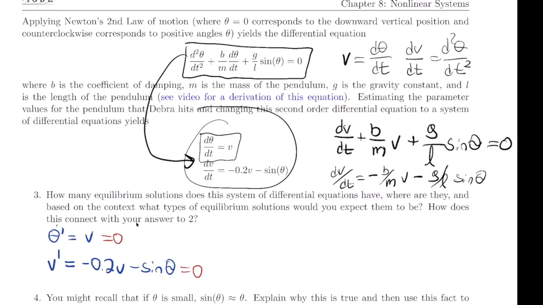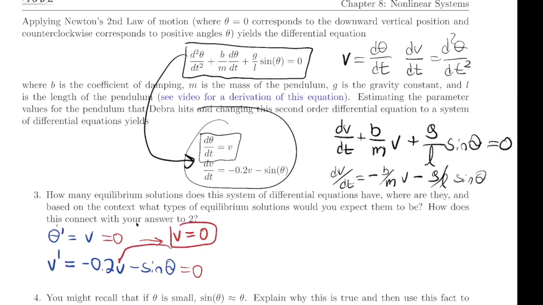So you can see from the top equation that any equilibrium is going to have v equals 0, right? And that makes sense. If the pendulum is moving, then it's not going to stay at its constant position.